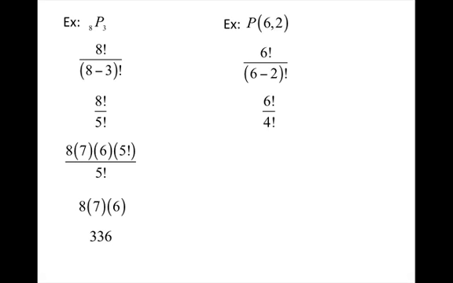Well, I'm going to expand the 6 factorial until I get to a 4. So I'm going to write 6 factorial as 6 times 5 times 4, and then stop it there by using the factorial symbol. Now the 4 factorial in the numerator will cancel with the 4 factorial in the denominator, so I'm left with 6 times 5, which is 30.